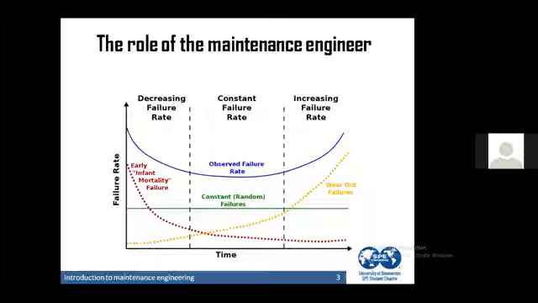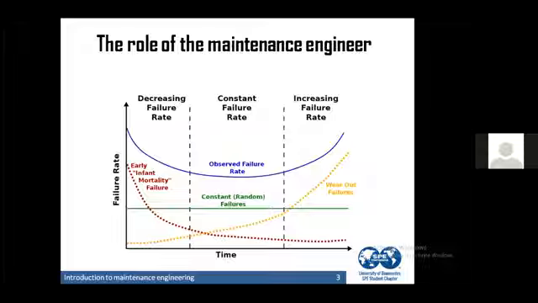Now, I said before, the first case generally happens when we get new manufactured equipment. This phase, we call it generally the honing phase. In French, we call it la période de rodage. Generally, these failures are controlled and standardized in the manufacturing companies.